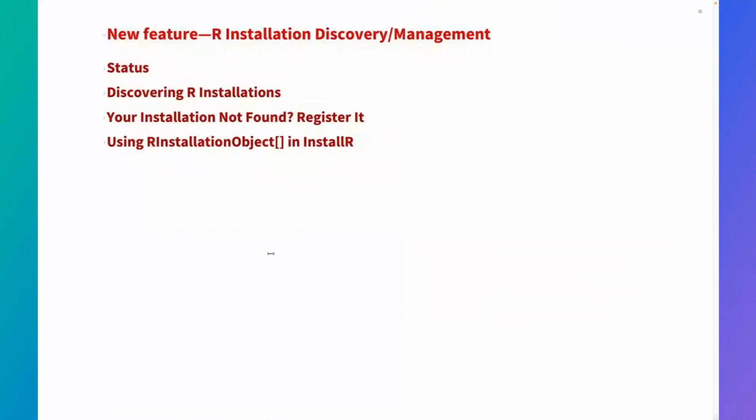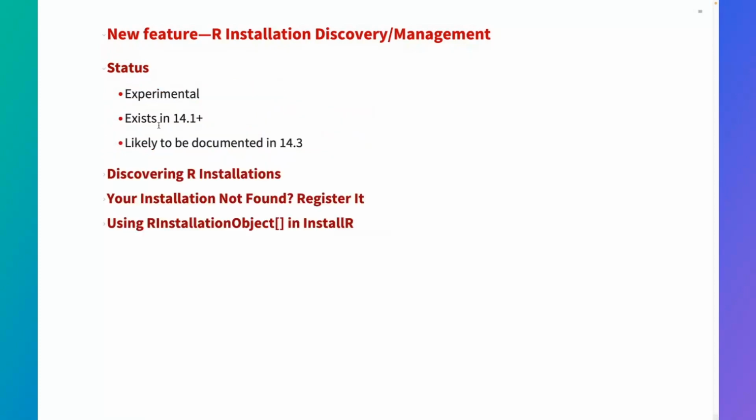Okay, now one bigger new feature that is actually not yet documented, and so it has an experimental status. It actually exists starting in version 14.1, but it's likely to be documented later, but I think it's still useful to show.